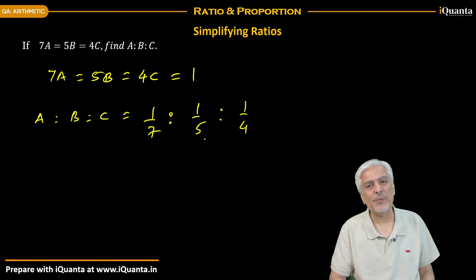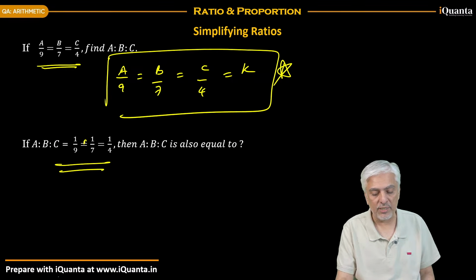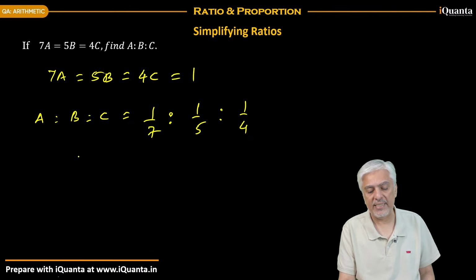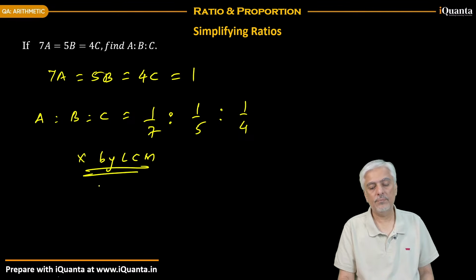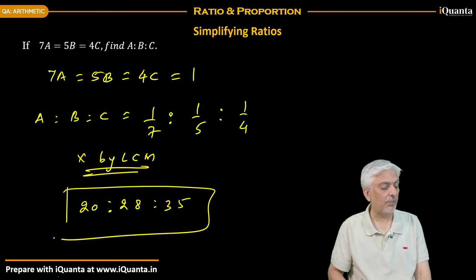But मुझे ऐसा आंसर तो पसंद ही नहीं है ना. How to solve this type of question? Multiply by the LCM. So you'll get 20, 28 and 35. Are we okay? So this is the second method to do it.